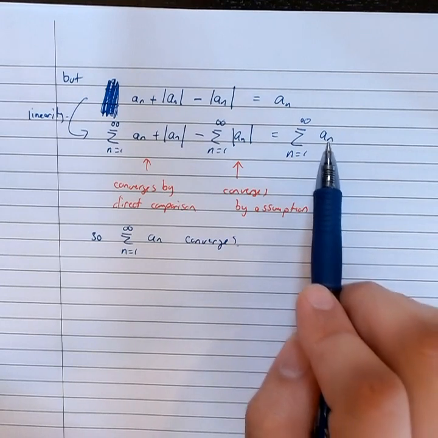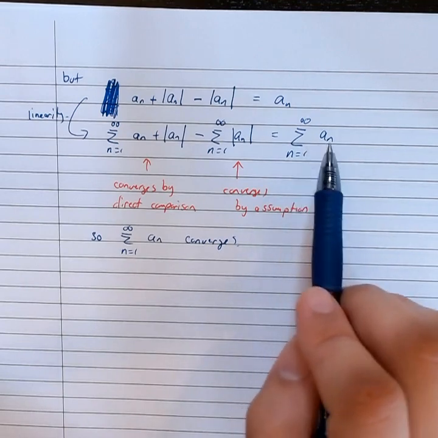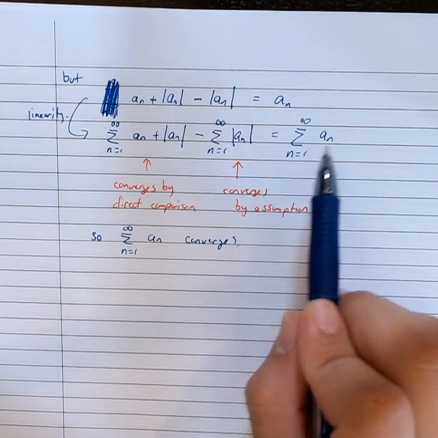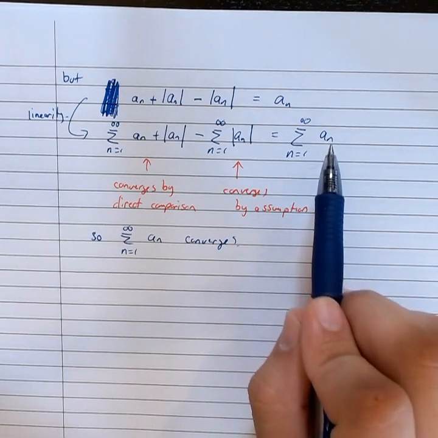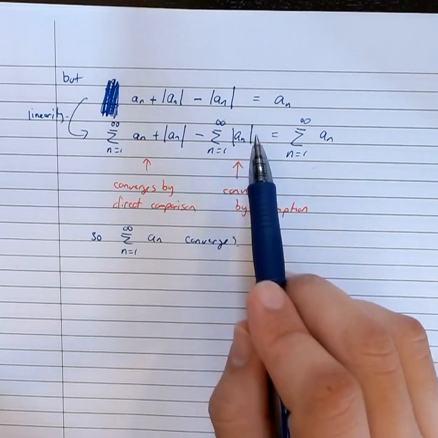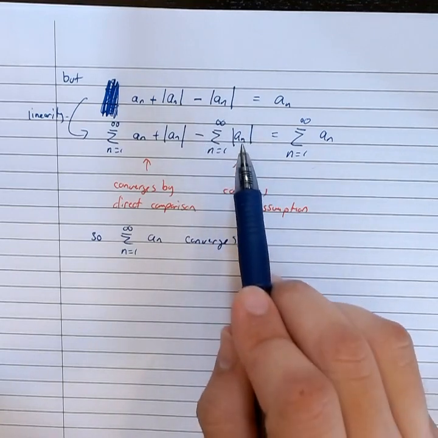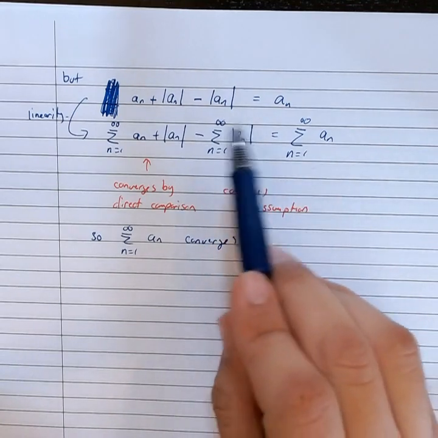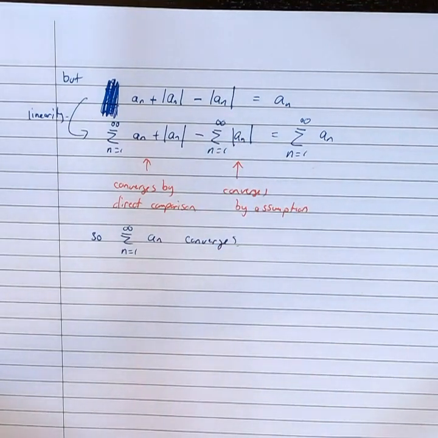But if the sum without absolute values converges, that doesn't mean that the sum with the absolute values has to converge. This one converging means that one converges. This one converging doesn't tell you anything about this one. So be careful with the direction of that statement.